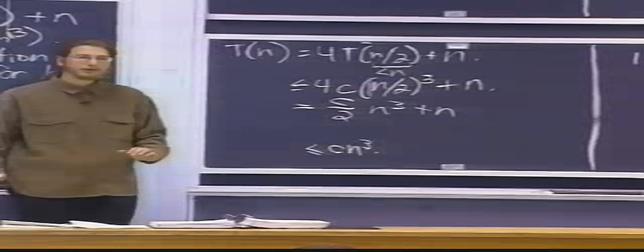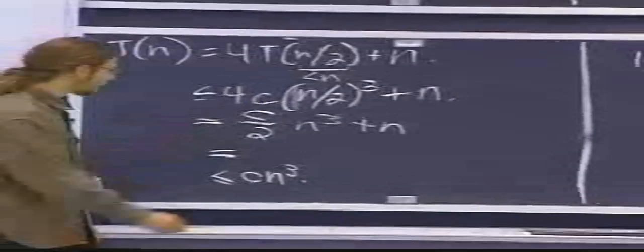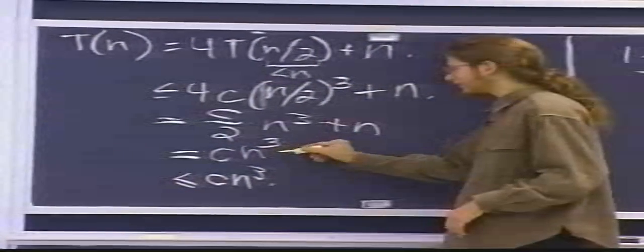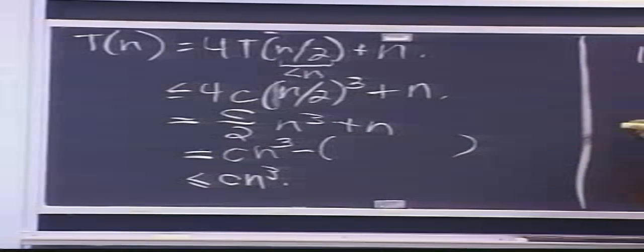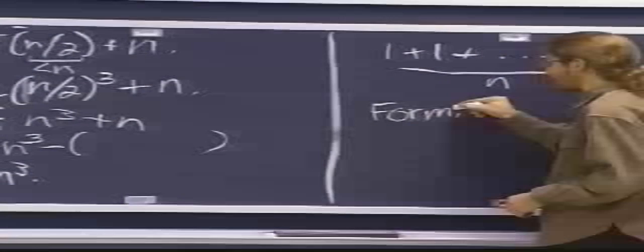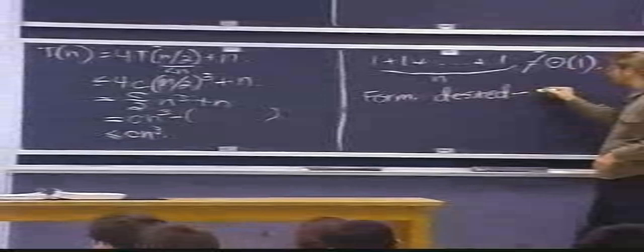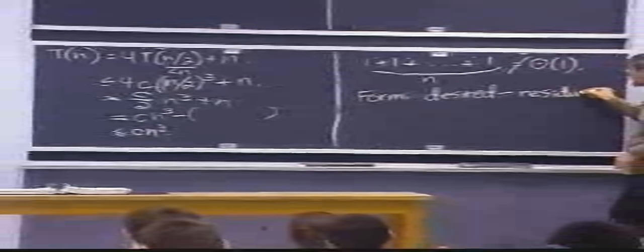So that's the intuition. Now to make that formal, a much easier way to do this is to write what we have as c times n cubed minus some term. So the form here is we're writing what we want, this desired c times n cubed, minus the residual. Okay. So what is the residual here?